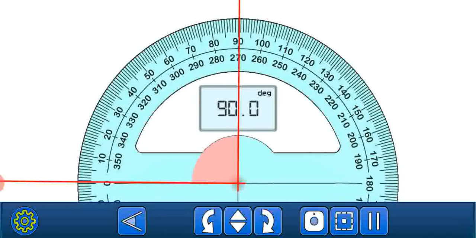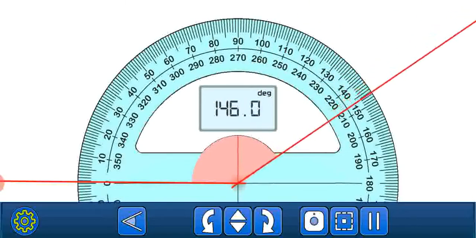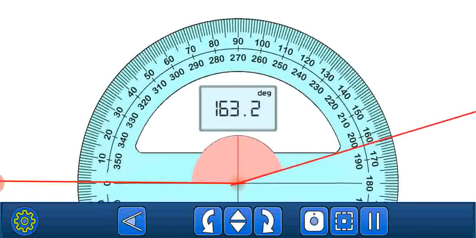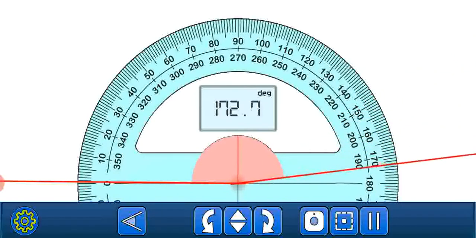And here it is 90 degrees. That means a right angle. Again, we can move this red line like this. The angle gradually increases. Then it reaches almost a straight line.